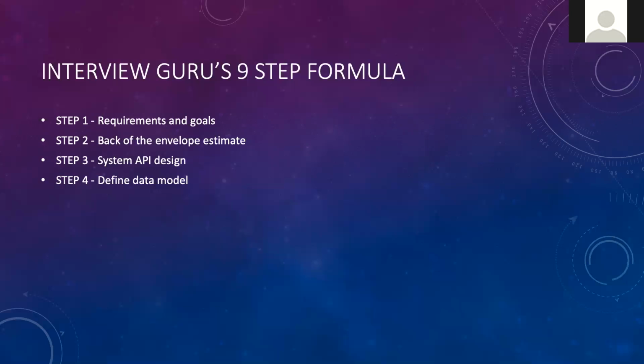It could be a SQL-based data model, or it could be a NoSQL-based data model. We'll get into the details of those shortly. Step 5, data estimation. At this step, you are going to estimate how much data is required for each record to be stored. This is important because it's the next extension to your back of the envelope estimate. You are going down to the next level of detail to calculate how much data is required.